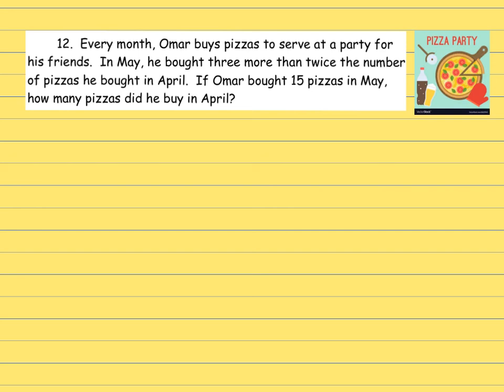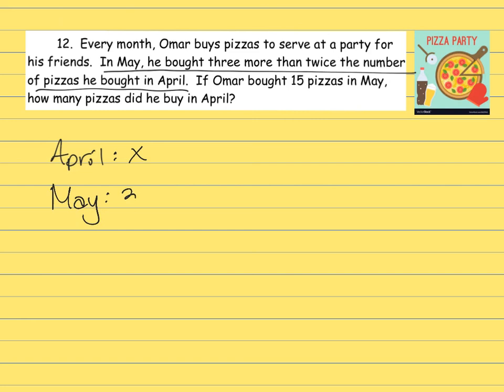In May, Omar bought 3 more than twice the number of pizzas he bought in April. So April comes before May. And the number of pizzas that he purchased in May is given in the context of April. We don't know how many he bought in April, but in May, he bought 3 more than twice the number in April.